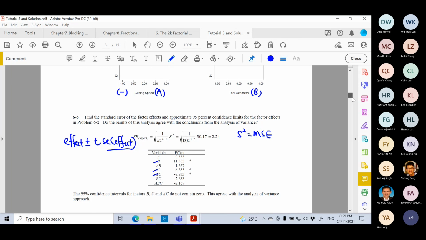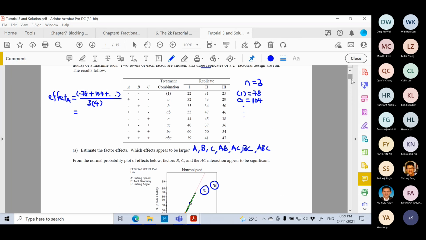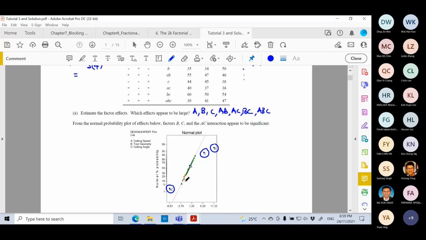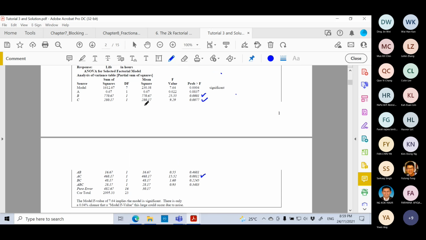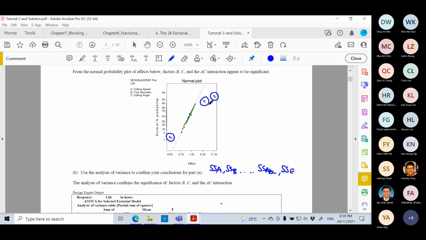So based on the first question just now, you can plot the normal probability plot to identify the important factors. Another one is based on the ANOVA analysis of variance table. You also can test which one is significant or not. But sometimes the point is very close to the line here, then you cannot see clearly which are the important factors, unless they are very far from this line.